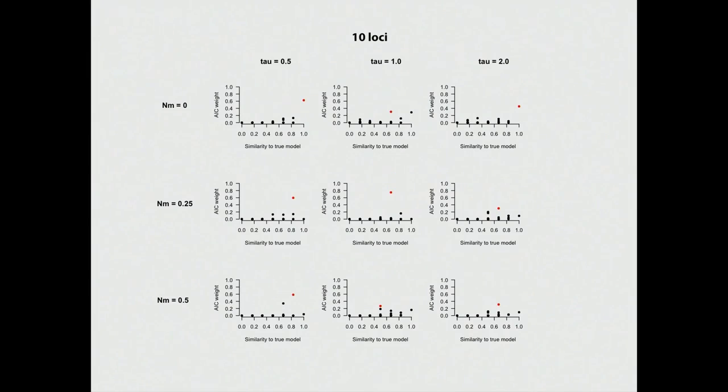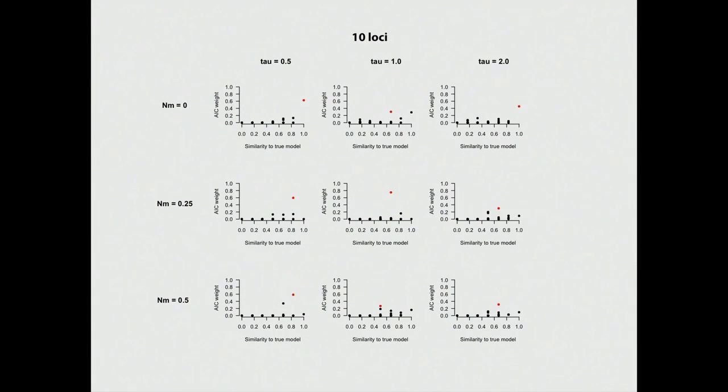In each case, the red dot is the best model, and the true model is always 1. So we have some measure of similarity of models. Because I have 78 models, how do I put them on one axis? I put them on an axis based on how similar they are in parameter space. Here it's great, the true model is the best model.